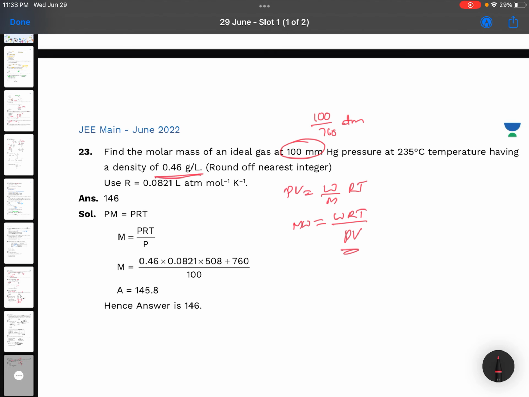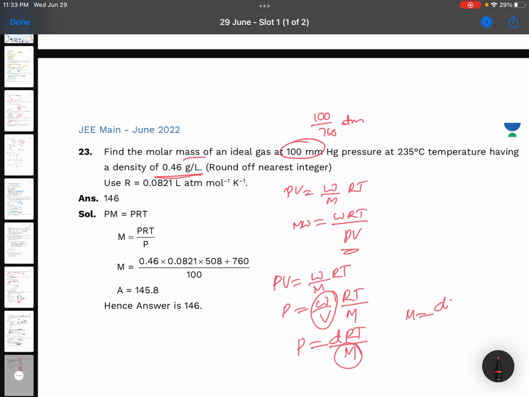P is equal to W by V into RT by M, which is nothing but density. P is equal to dRT by M. What is asked here? Molar mass. So molar mass is equal to dRT by P. So the answer is 146.